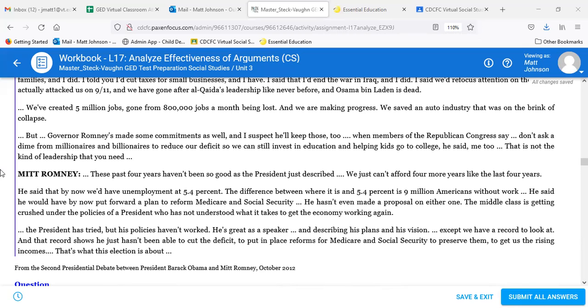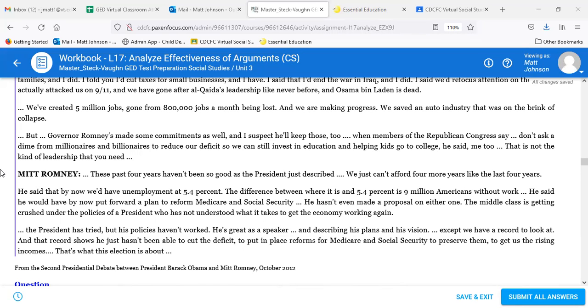He hasn't even made a proposal on either one. The middle class is getting crushed under the policies of a president who has not understood what it takes to get the economy working again. The president has tried, but his policies haven't worked.